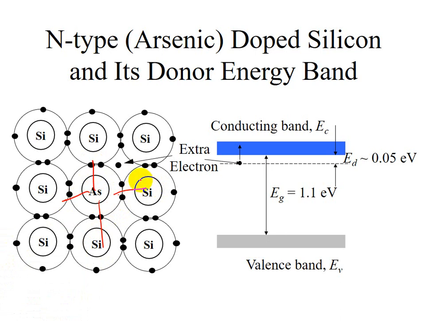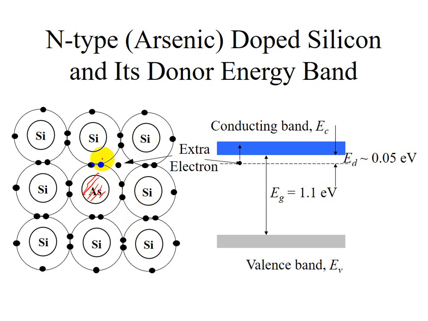Now, suppose we have the center atom replaced by arsenic. Arsenic has 5 electrons. It's a group 5 element, so at the outermost electron shell it has 5 electrons.